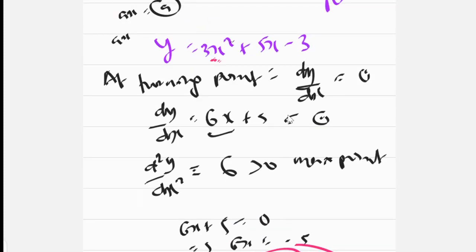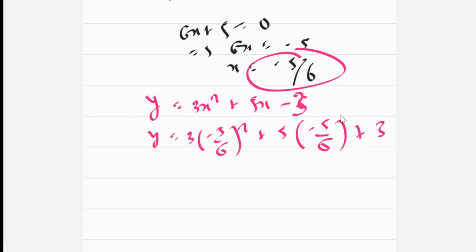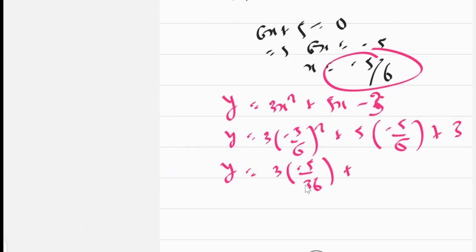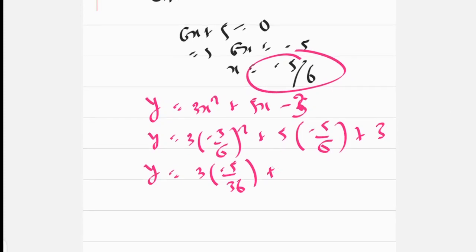Don't forget our y is 3x² + 5x - 3, sorry. So whenever I see x now, I put -5/6. Then my y will be 3 into (-5/6) squared plus 5 into -5/6 minus 3. So then my y will now be 3 into 25 divided by 36, minus 25 over 6, minus 3.